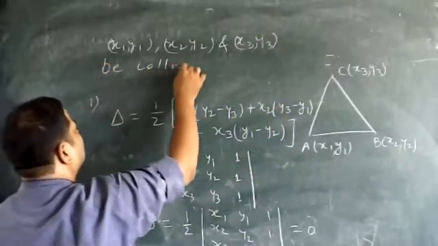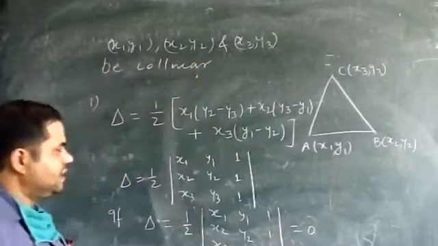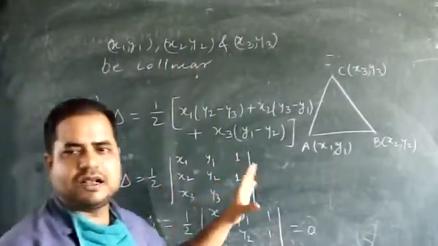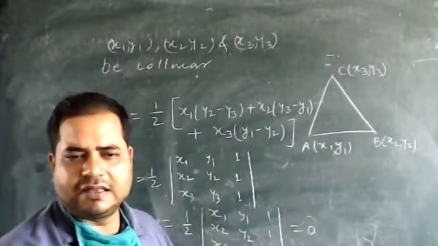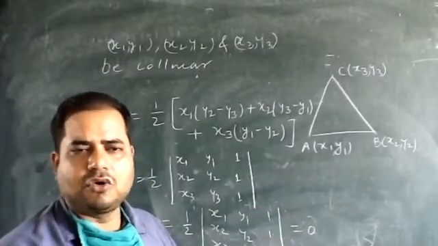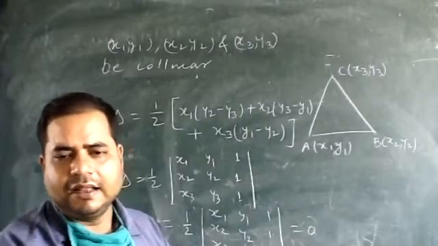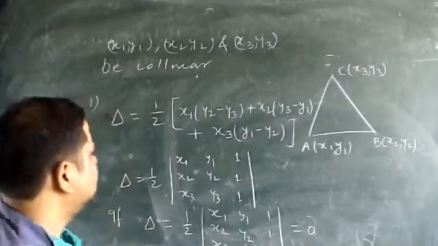What do you understand from here? If the three points (x1, y1), (x2, y2) and (x3, y3) are collinear, then this determinant is 0.